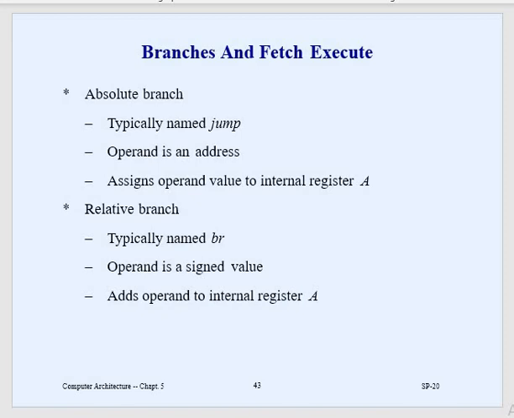In the code, we use the jump keyword to jump to the branch, and the operand is an address. It assigns the operand's value to internal register A, the address register. So this is called the absolute branch.